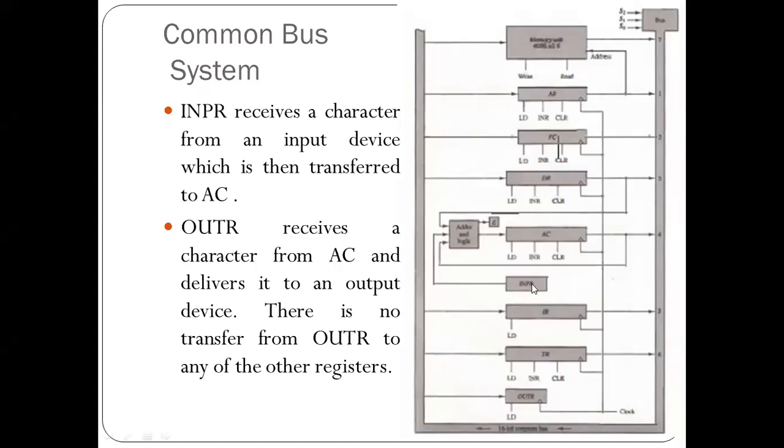So whatever is the value in the input register will be loaded onto the accumulator. Or the value coming from the data register will be updated onto the accumulator after the operation.